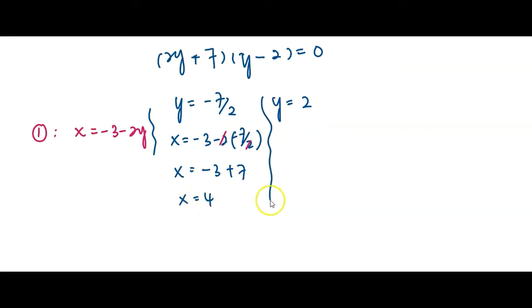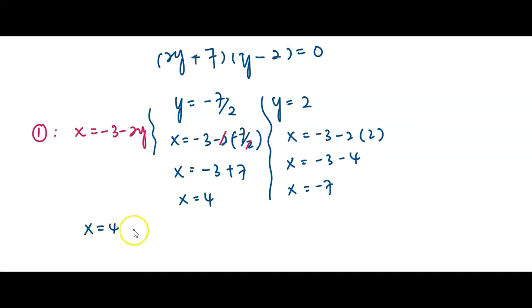And for the second set of answer, y equals to 2. X is a negative 3 minus 2 multiplied by 2. Then x, I will get it as negative 7. So your answer is x equals to 4, y equals to negative 7 over 2. When x equals to negative 7, y equals to 2.